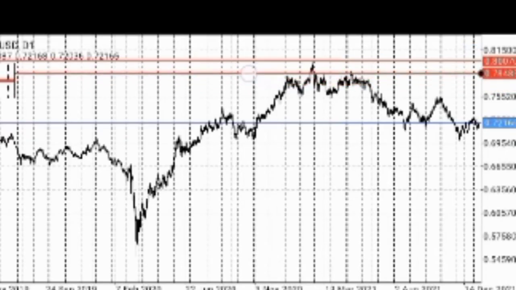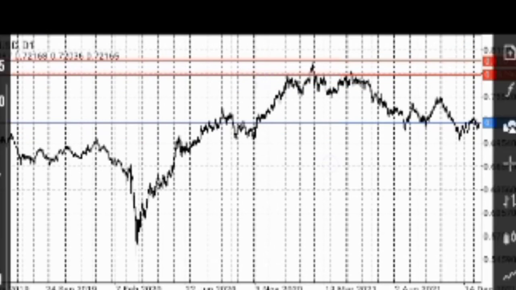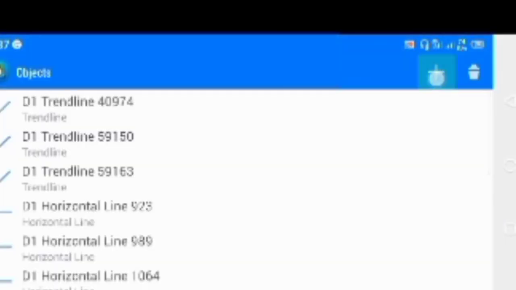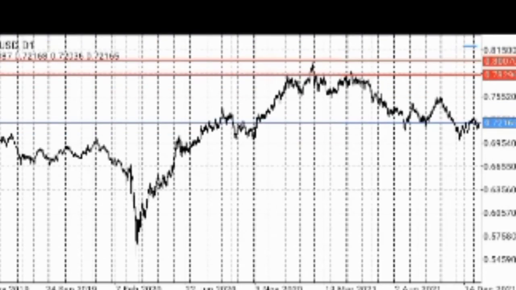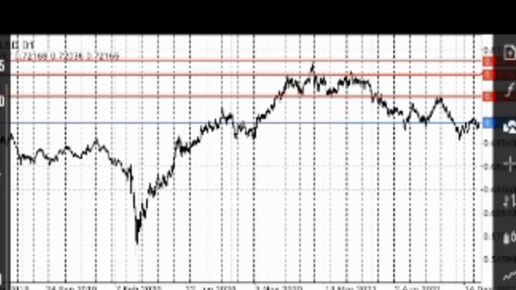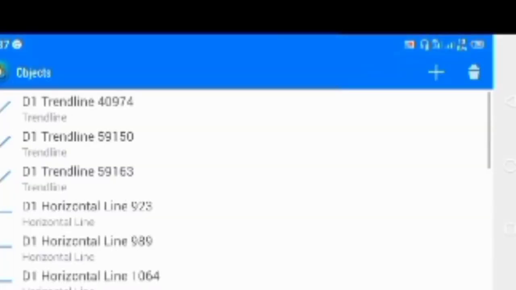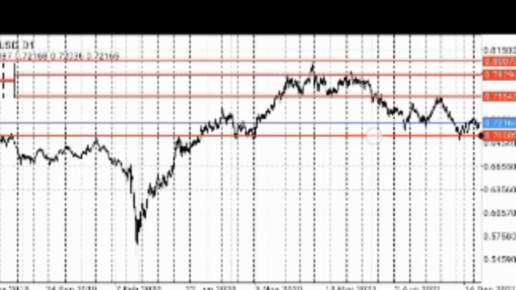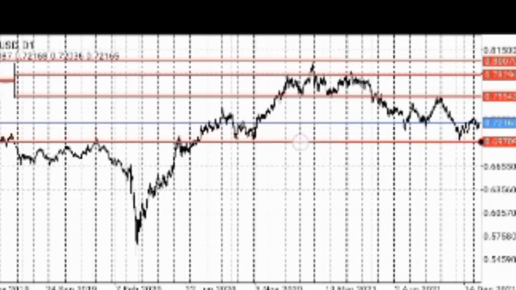Is another significant level. Then another. These are my significant levels. Another.